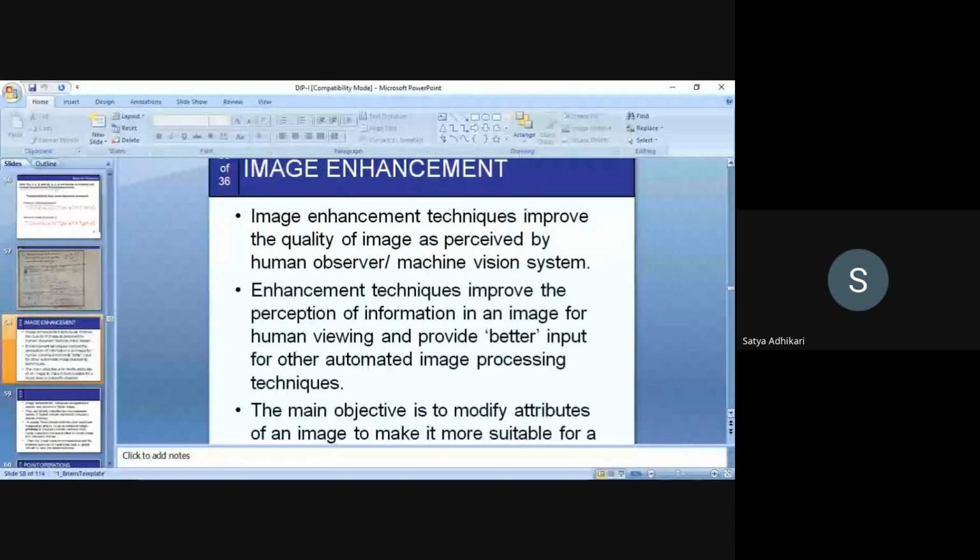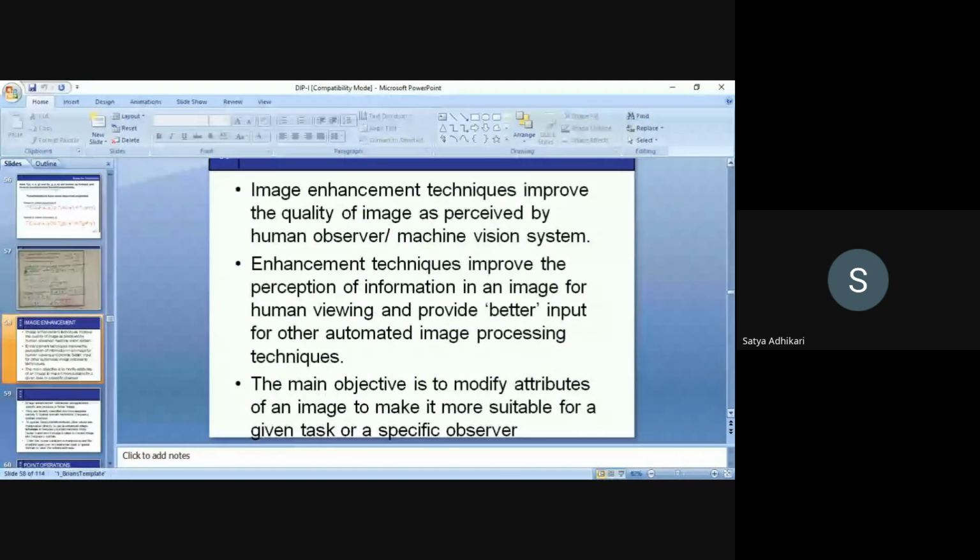The main objective here is to modify some attribute of the image to make it more suitable for a given task or specific observer. We have to modify the attributes of the image to get a better quality image. We know what the attributes of the image are.